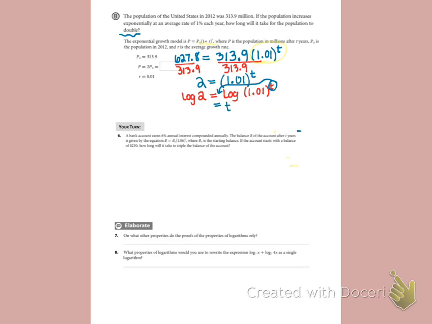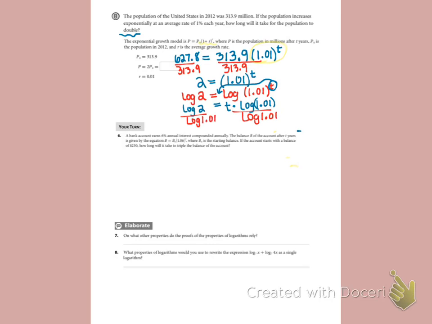And so this would be rewritten as t times the log of 1.01, and then it equals log of 2. Well, now we're ready to solve, because t is being multiplied by the log of 1.01, so now I can just simply divide both sides by the log of 1.01.